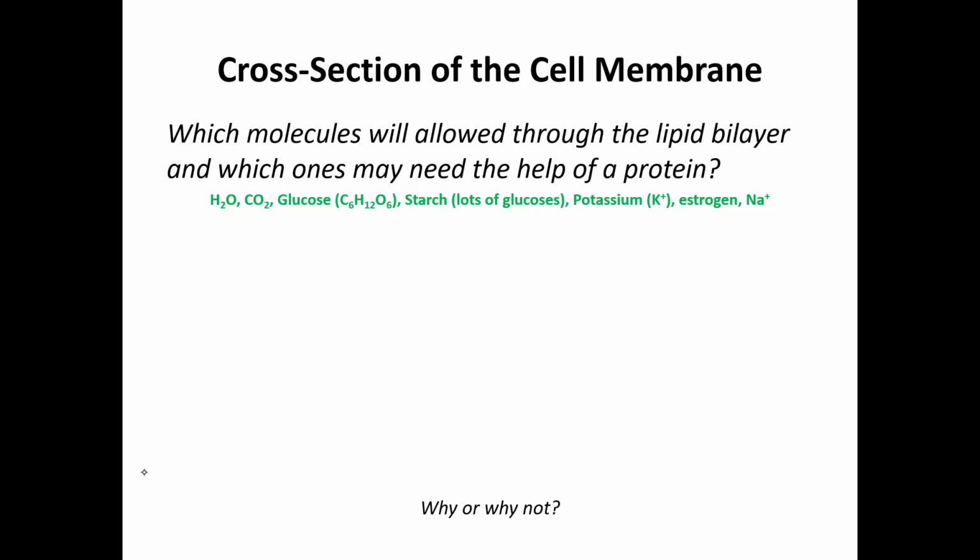Carbon dioxide, water, glucose, and starch, we have a lot of glucose, potassium ion, estrogen, and sodium ion. These are the kinds of molecules that require the help of proteins to get into the cell. But why or why not?